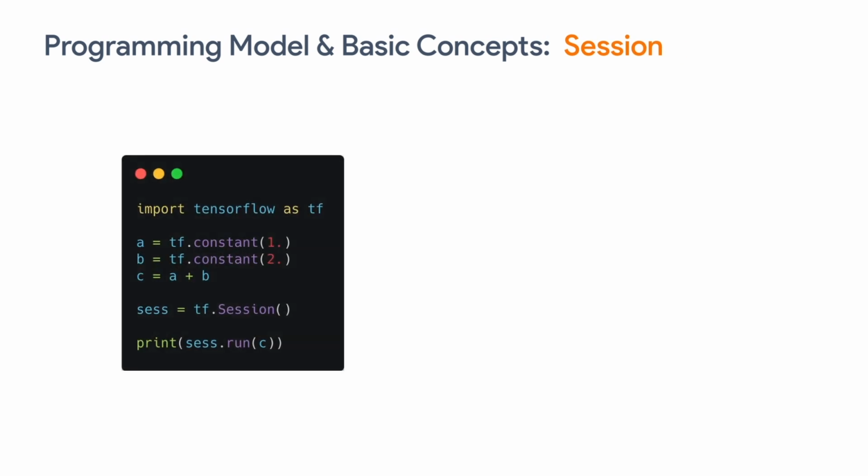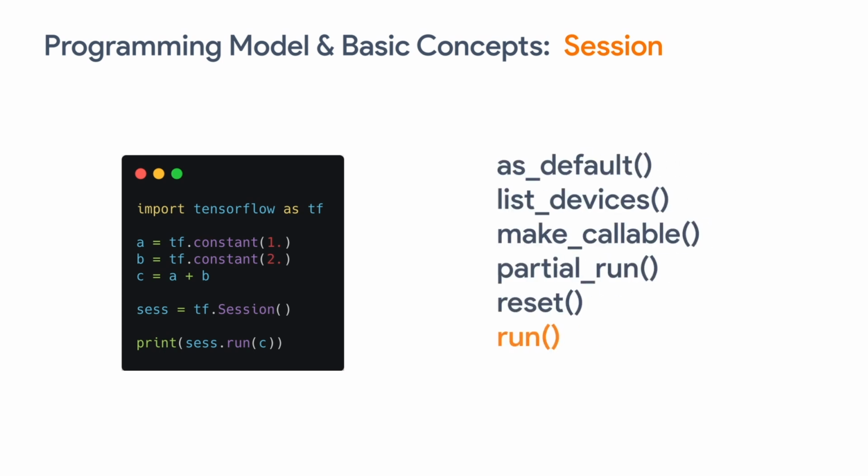A client program interacts with the TensorFlow system by creating a session. The session interface has extended methods to create a computation graph, and it supports a run method which computes the output of a particular node in the execution graph by providing required inputs.